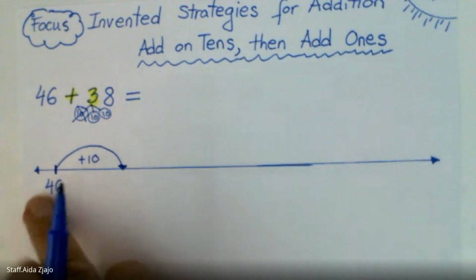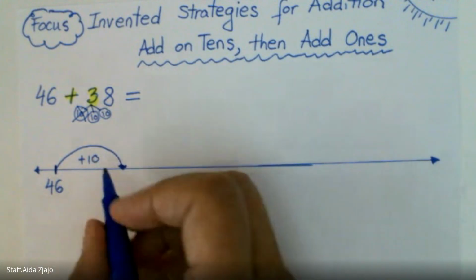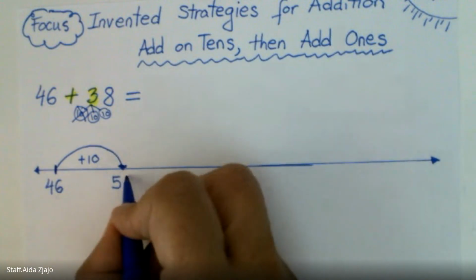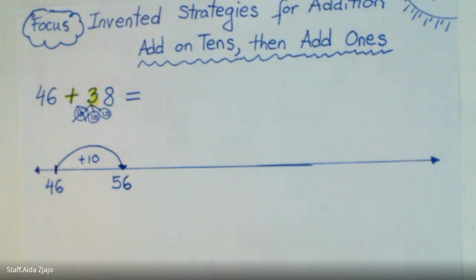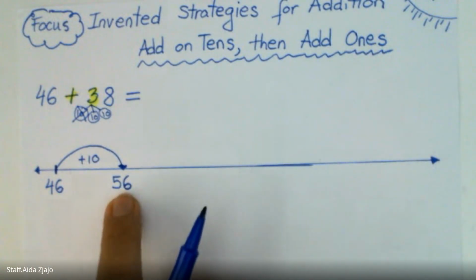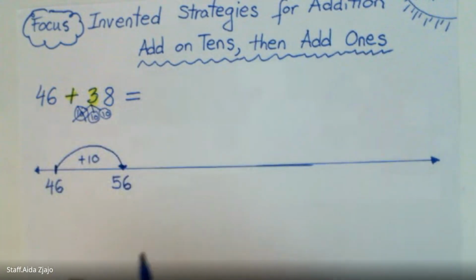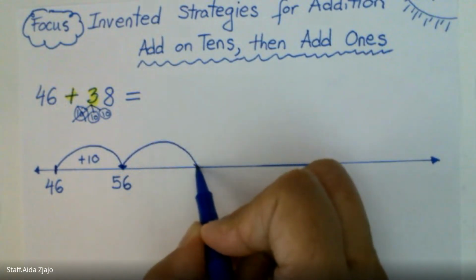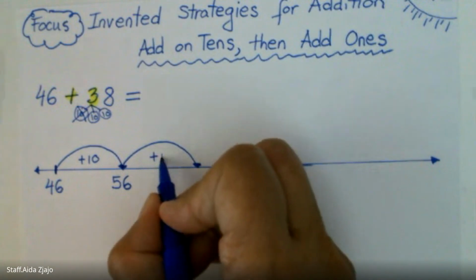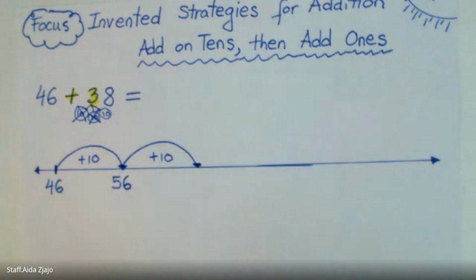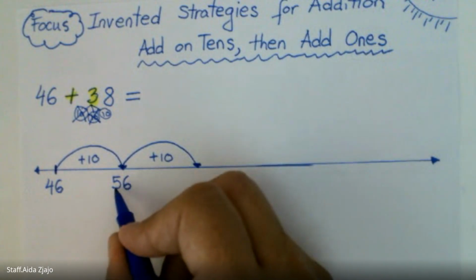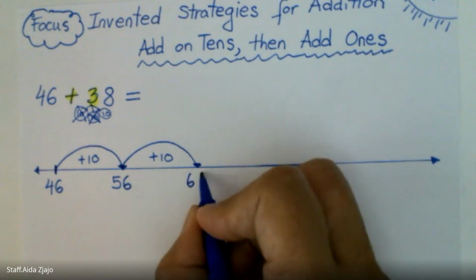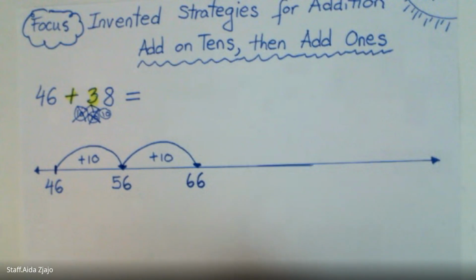So 4 tens plus 10 is 5 tens, and I still have 6 ones. So that is 56. 46 plus 10 is 56. I only added one 10. Now I'm going to jump one more time and add another 10. 5 tens plus one more 10 is 6 tens, and I have 6 ones, so 66.